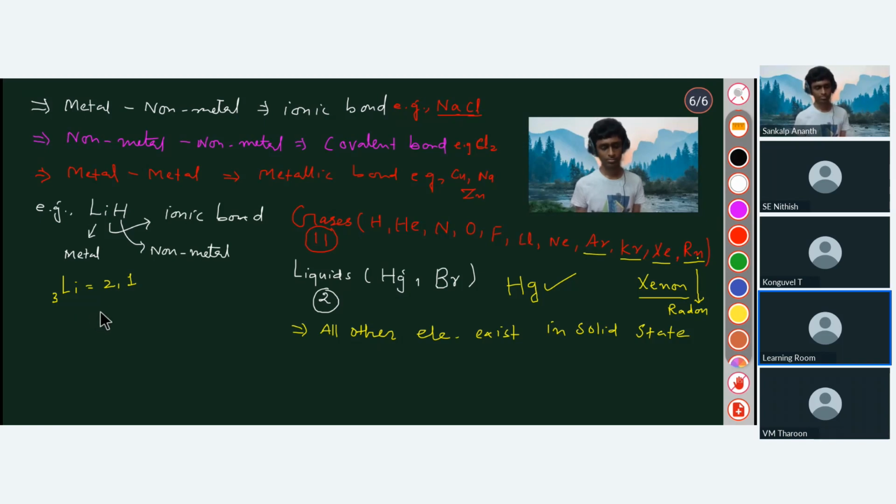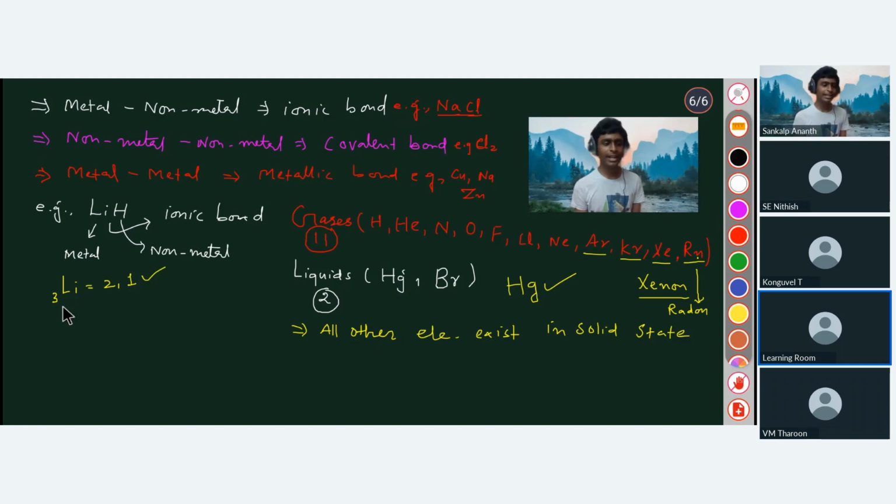Now in case of lithium, can you tell me is octet complete or duplet complete? Neither octet nor duplet. I have already told you that lithium will follow the duplet rule, right? Yes, sir. Now tell me how it will complete its duplet.